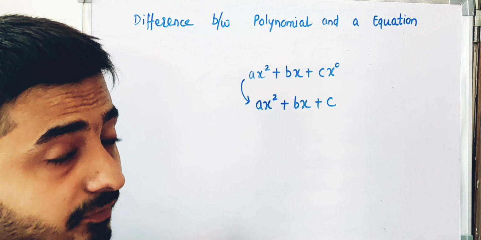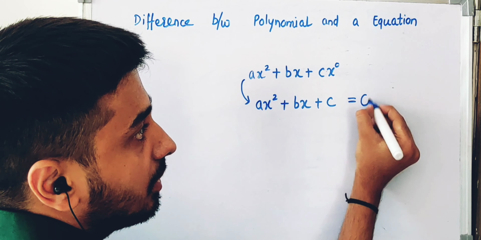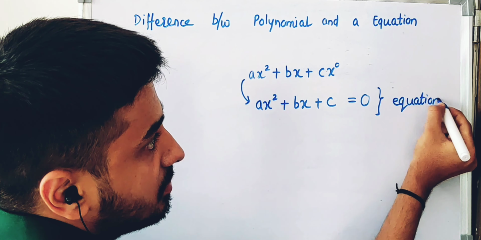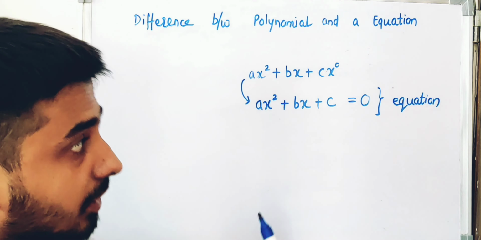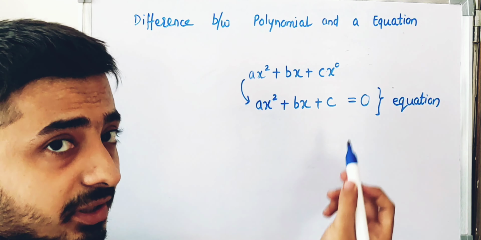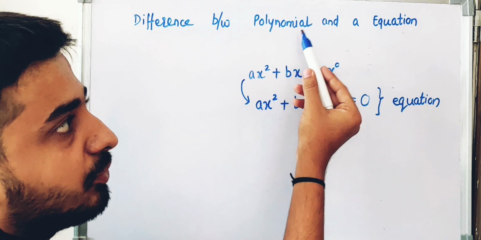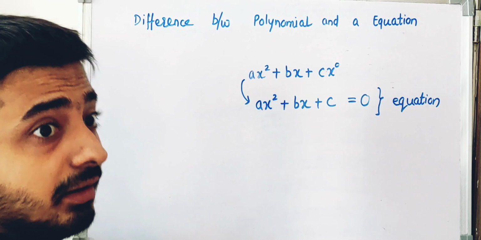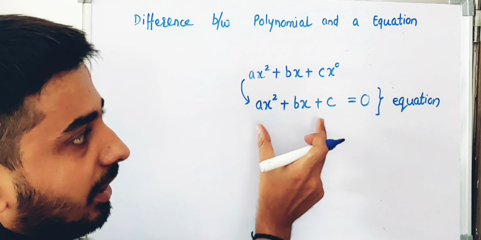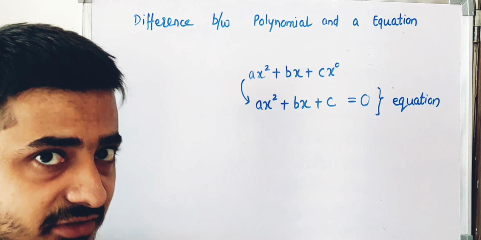This is a polynomial. When this polynomial equates to 0, this becomes an equation. So when somebody asks what is the difference between a polynomial and an equation, you can tell them that whenever the polynomial equates to 0, that polynomial will become an equation. Clear? I hope it is clear to all.